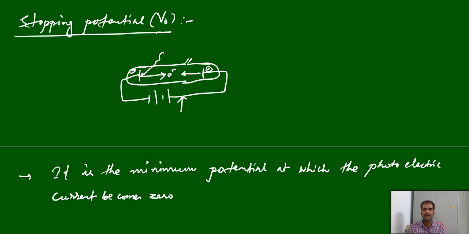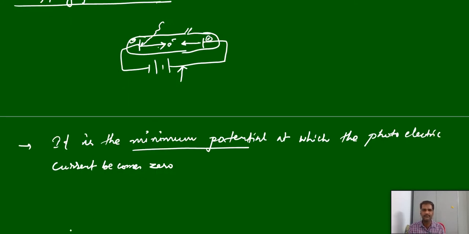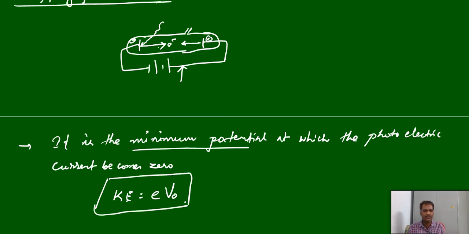Photoelectric current becomes zero means the electron cannot move further into the circuit to generate the photocurrent. We are just stopping the movement of the electron. So that much minimum potential at which the photoelectric current becomes zero. In that case, the kinetic energy is equal to the charge of the electron times the potential we are applying. Kinetic energy is equal to e into V naught.